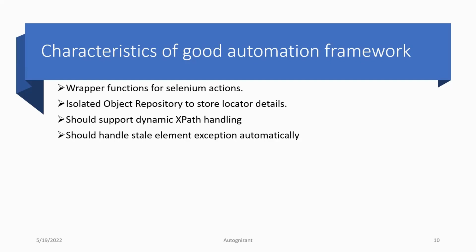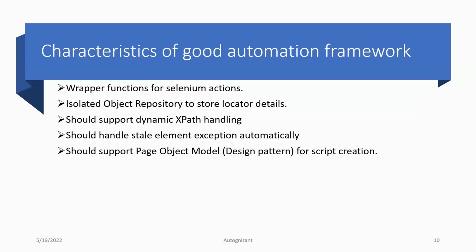But once we have already found an element with Selenium, if we try to reuse the same element, then we may get a stale element reference exception, right? If we receive such an exception, we need to find that element again using Selenium. So this mechanism should be handled automatically in the framework.